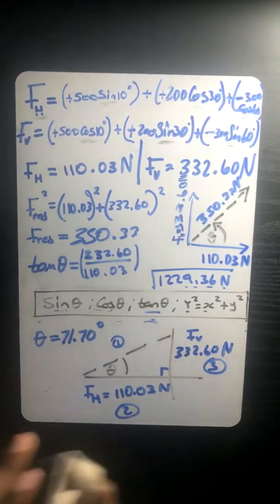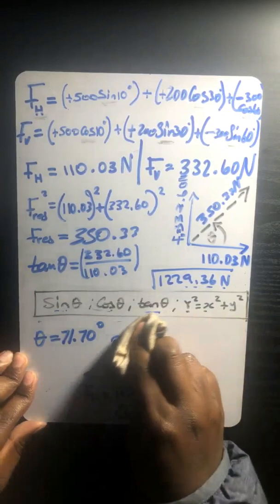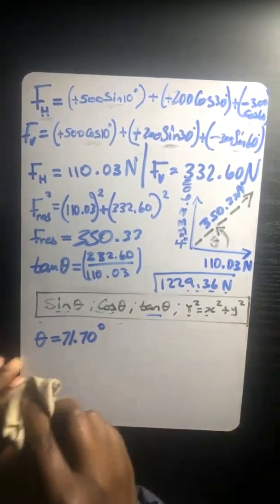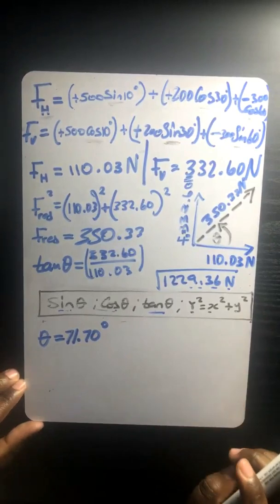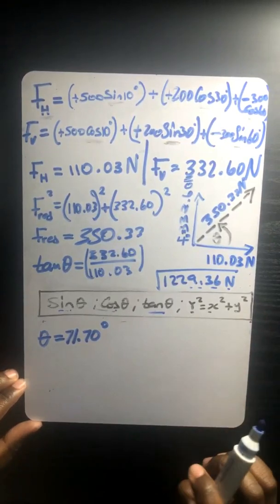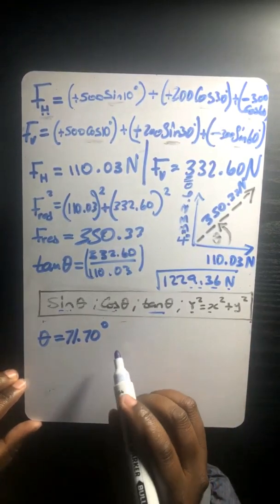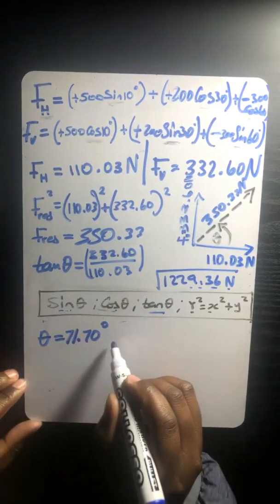So this is how you score yourself full marks, guys. This question was actually easy, but it needs you guys to practice a little bit more. So it's 71 comma that.